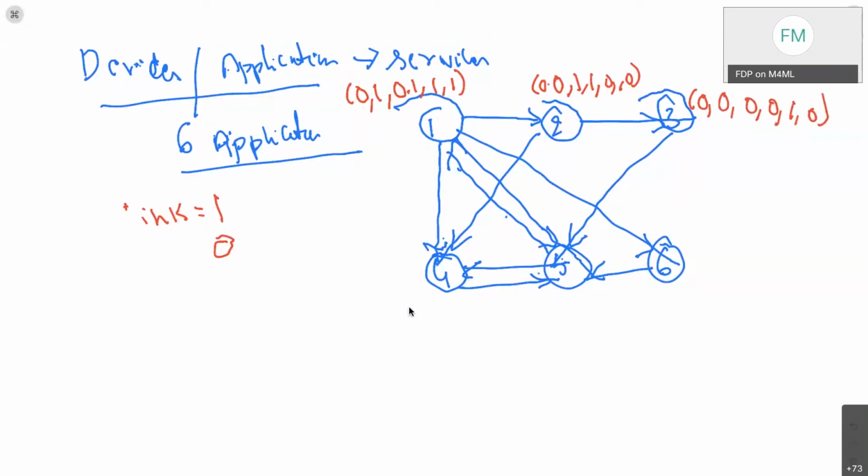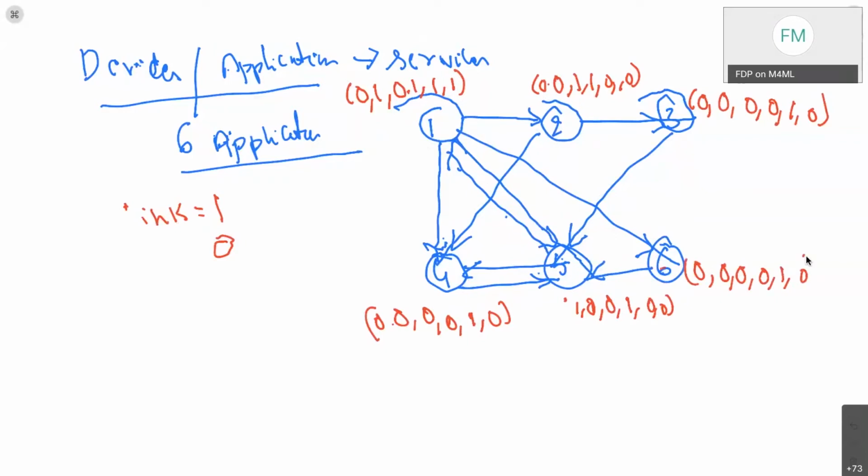For application 4, 0, 0, 0, 1, 0. Then 1, 0, 0, 1, 0, 0. Here we have 0, 0, 0, 0, 1, 0.